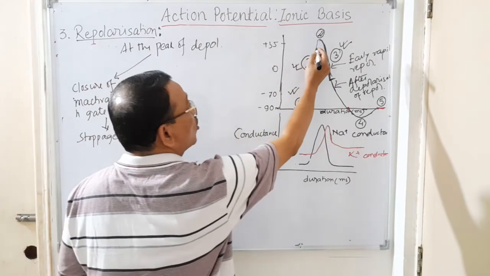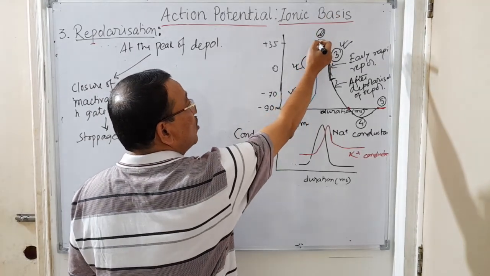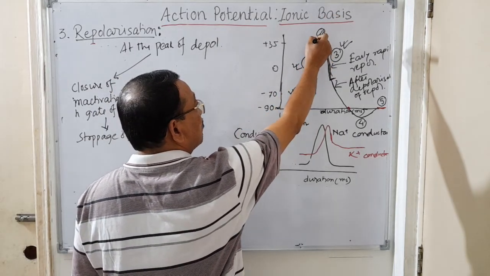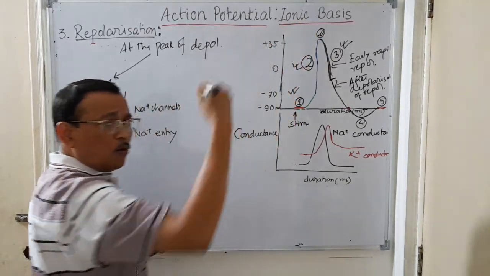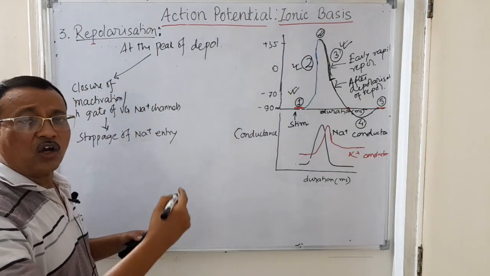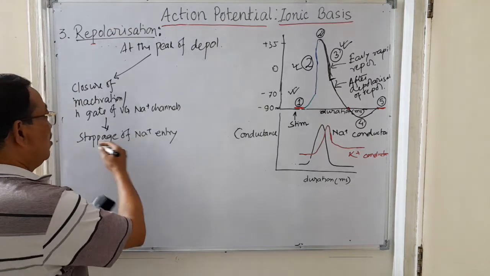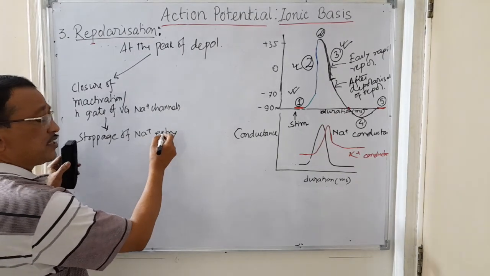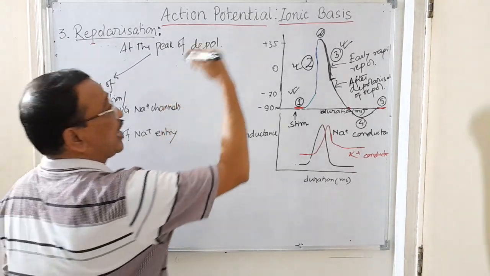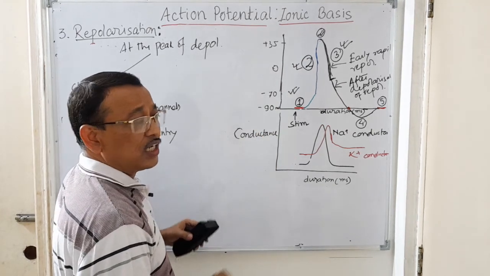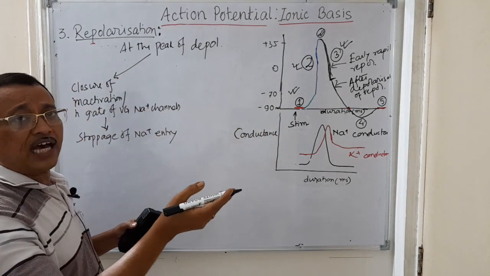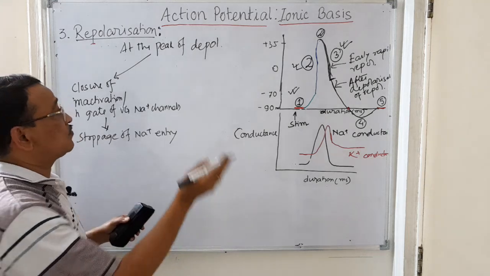So the curve will not go further up. The curve will be restricted at plus 35 millivolt because no more sodium ions are coming in. So there is no further rise of the electropositivity. Electropositivity will rather now decrease because of the second phenomenon.